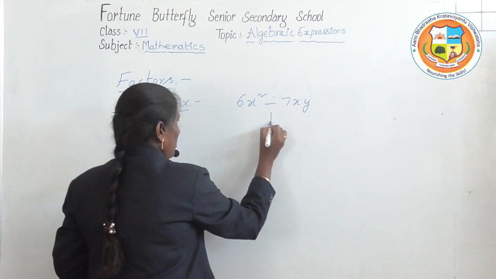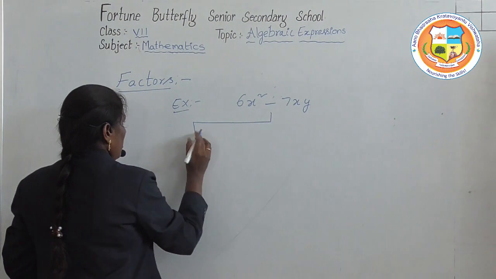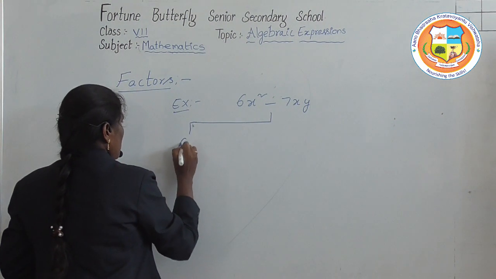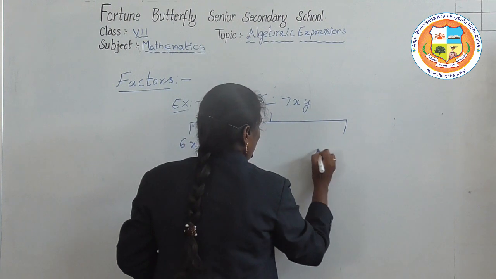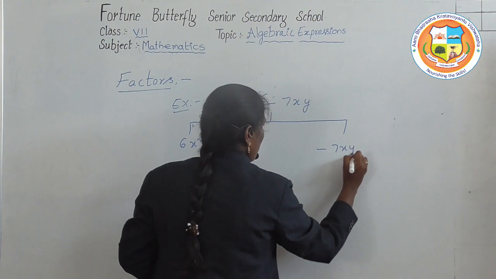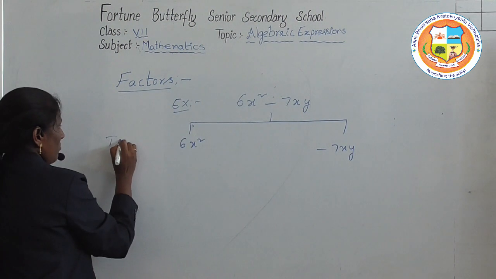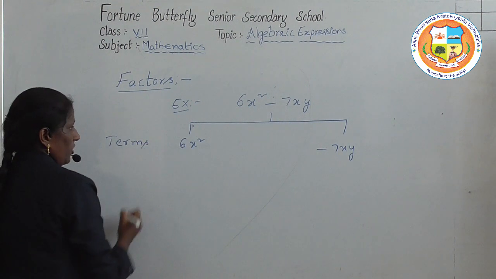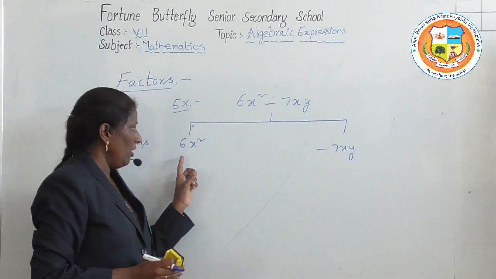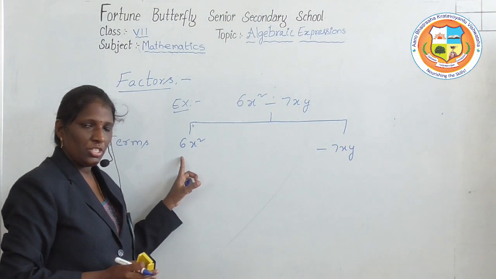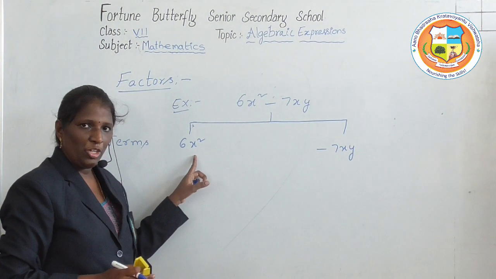Now here 6x square minus 7xy. These two are terms. In this term, 6 is a constant and x is a variable.